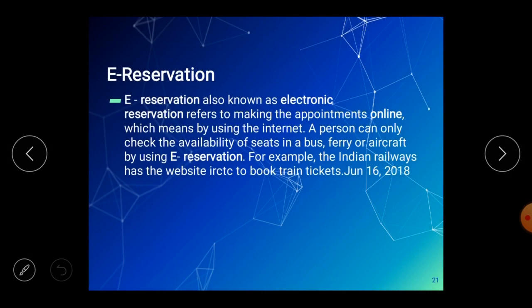The next topic is e-reservation. So what is e-reservation? We all know that when we have to go somewhere by train, bus or airways, we make a reservation, and when we do our reservation with the help of the internet, this type of reservation is called e-reservation.